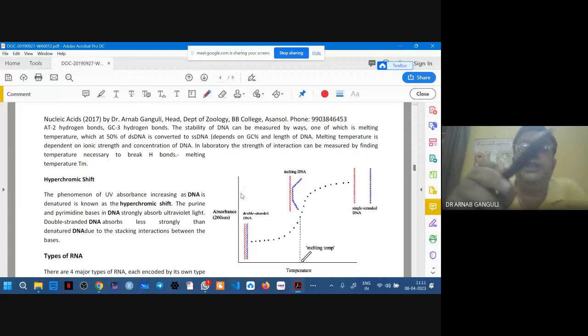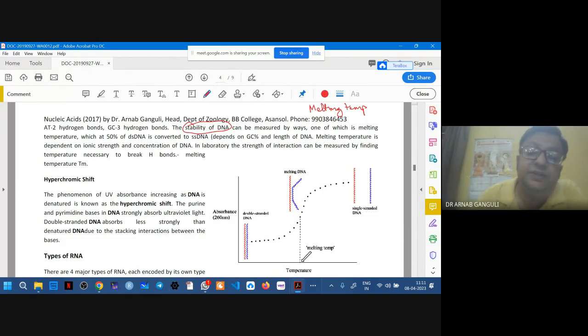Now we are questioning the stability of the DNA, how stable the DNA is. It can be measured in two ways, one of which is the melting temperature. It measures the stability of a DNA duplex or double-stranded DNA.